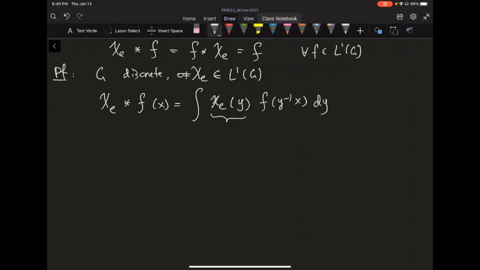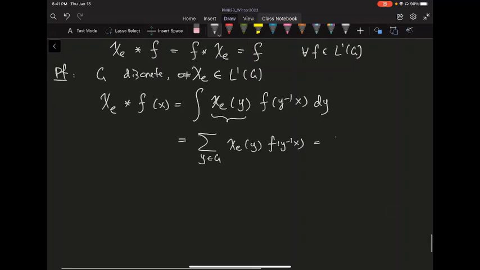Another way of writing this is the summation over all y of chi E of y times f of y inverse x, and only when y is the identity do you get a non-zero value, which is 1. So you're basically adding up f of x.